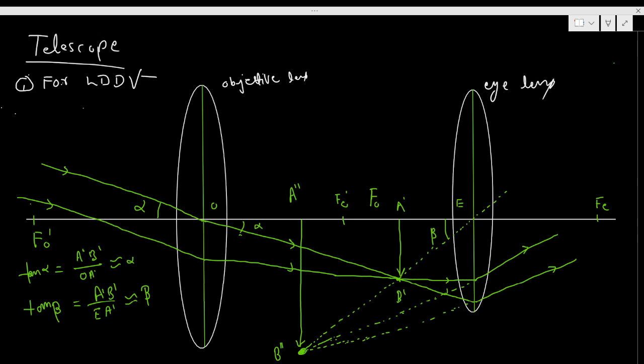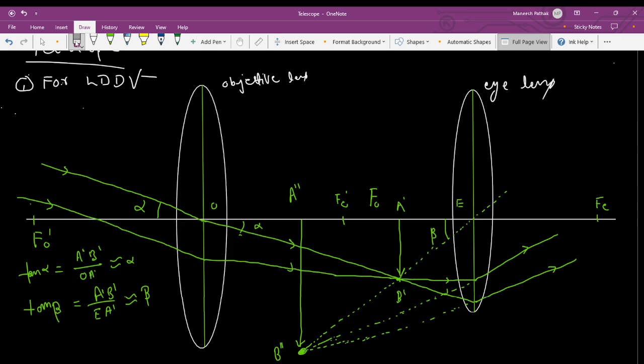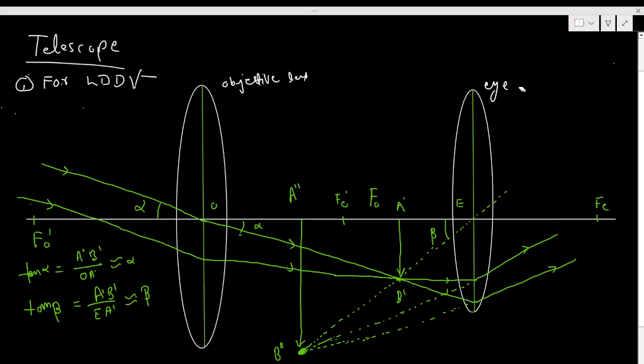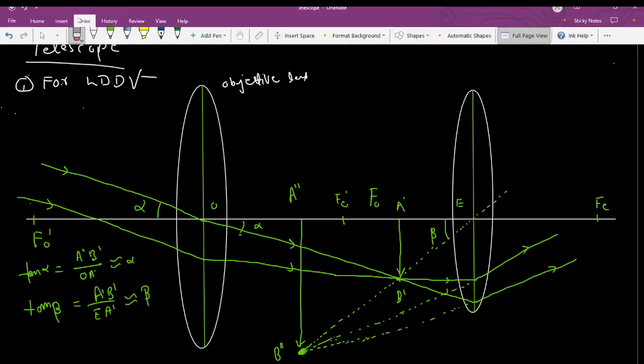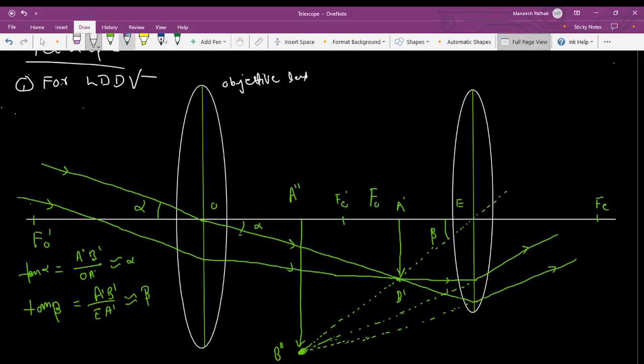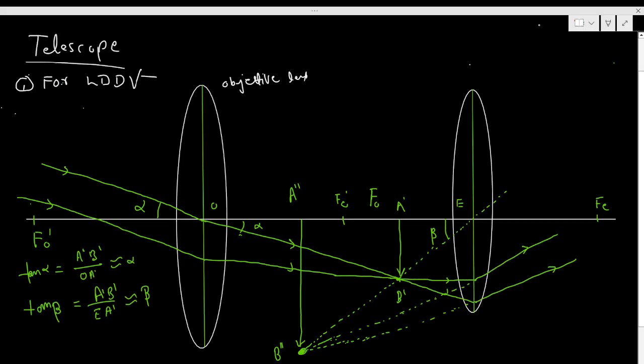Now if you want to find the magnification of this combination, we have a formula, writing in the corner. M is equal to magnifying power is equal to angle made by image divided by angle made by object.